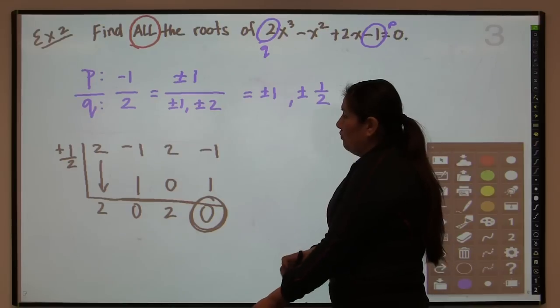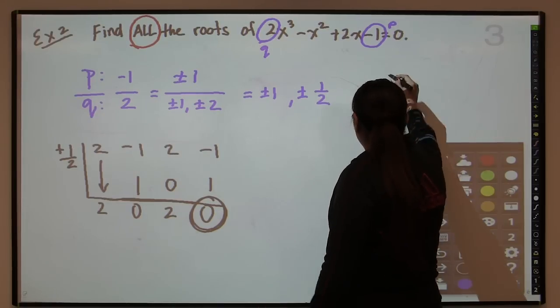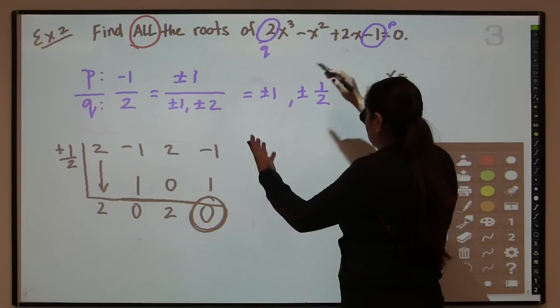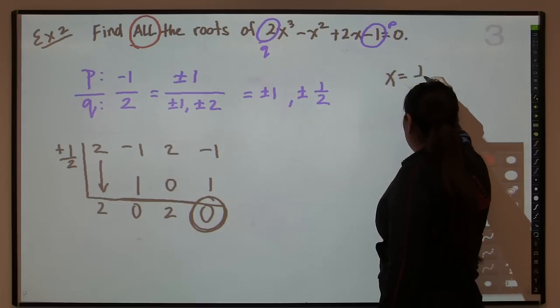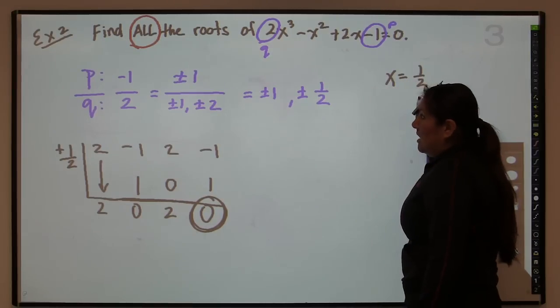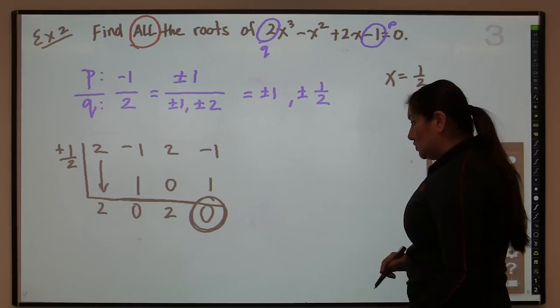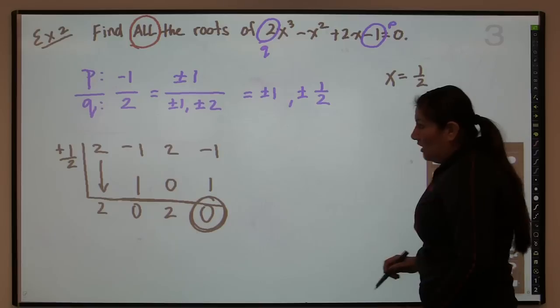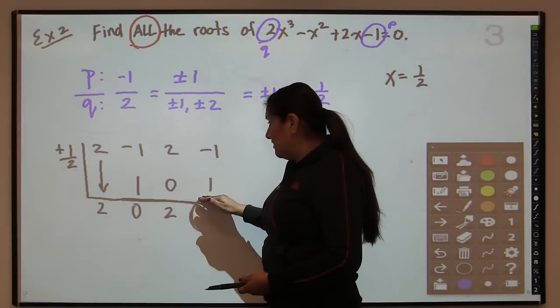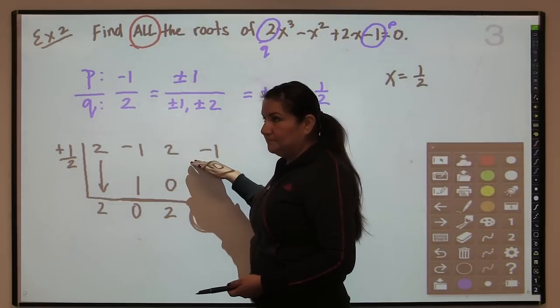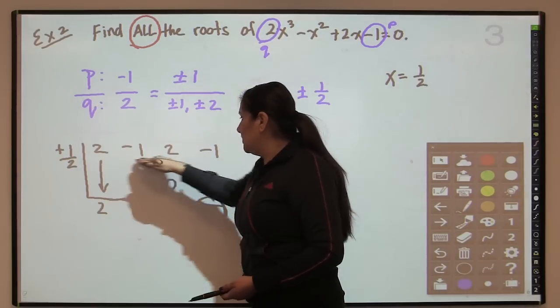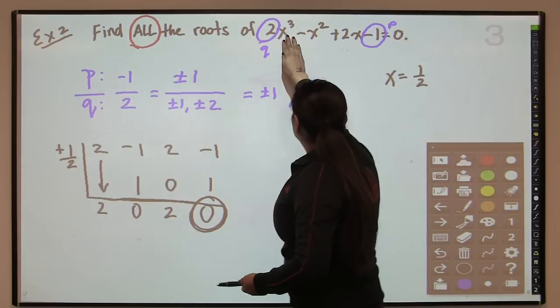And now you're probably wondering, well, okay, I know that one of the roots, part of my answer for the roots is that x equals 1/2. That's the rational root, but it wants all the roots. So it wants the imaginary ones or the irrational ones. So how do we do that? Well, you will recall that when you use synthetic division, these are the coefficients of a cubic.